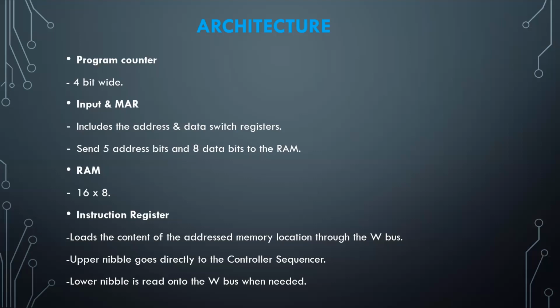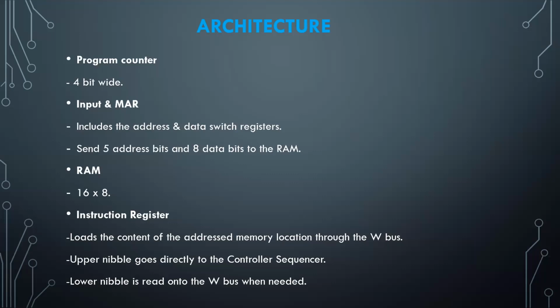It has 16 memory locations, each storing 8 bits of data. The RAM can be programmed by means of the address and data switches, allowing you to write to the memory before a computer run. In this way, the instruction or data word stored in the RAM is placed on the W bus for use in some other part of the computer. That is RAM.